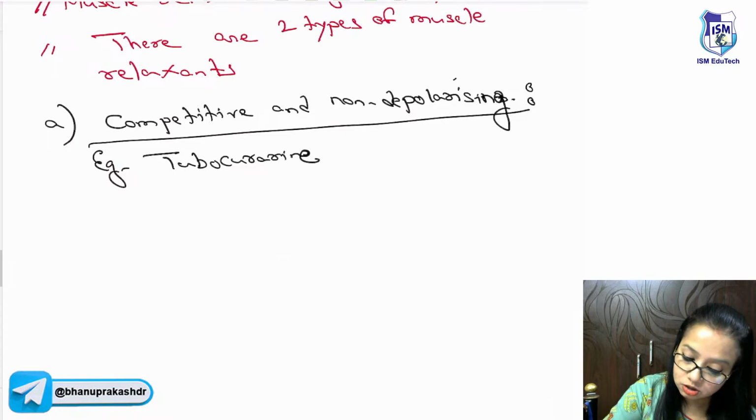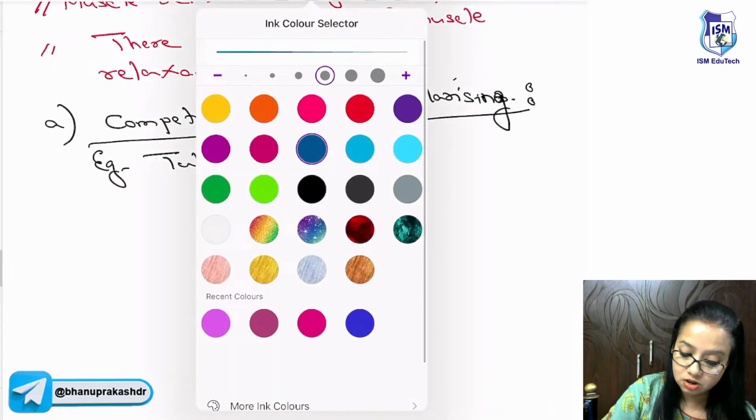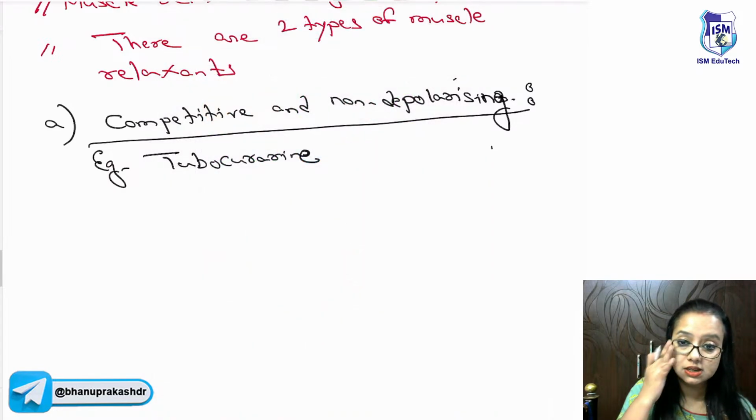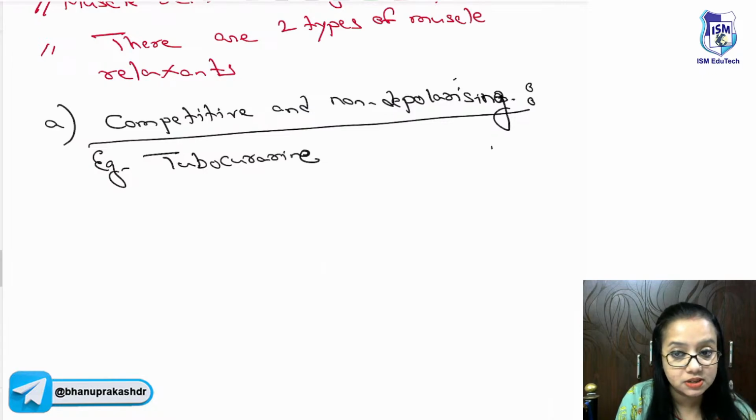How do they work? Logically, non-depolarizing competitive means this particular drug is competing with the acetylcholine to bind on the acetylcholine receptor.